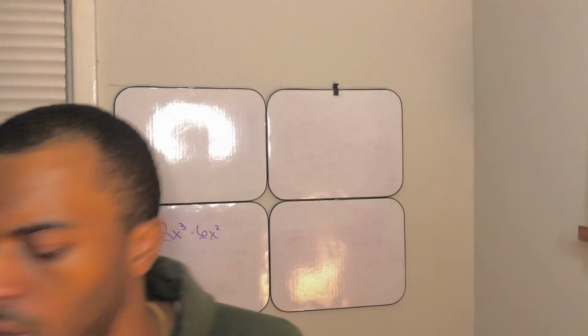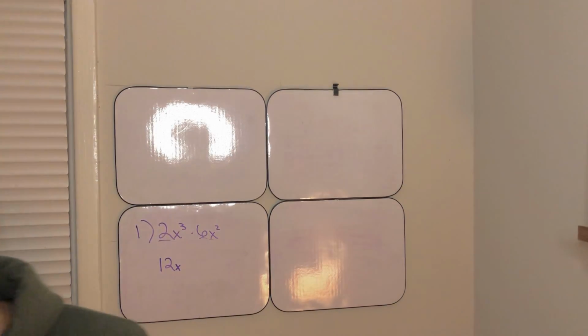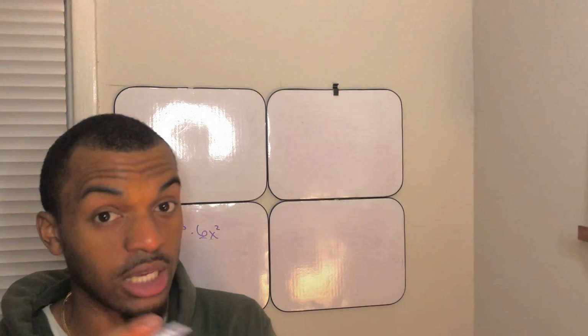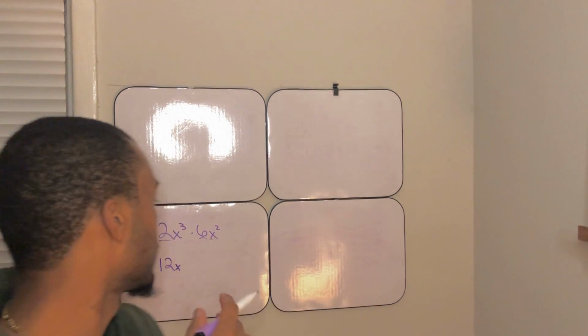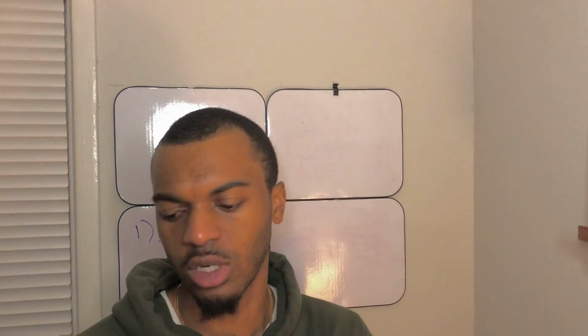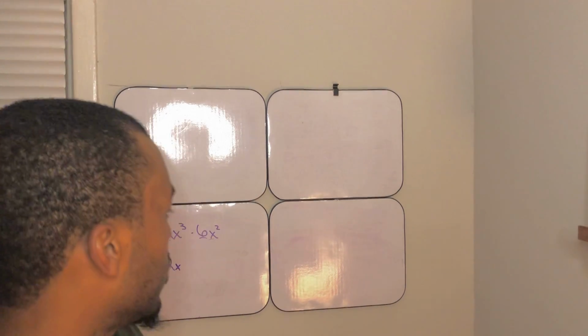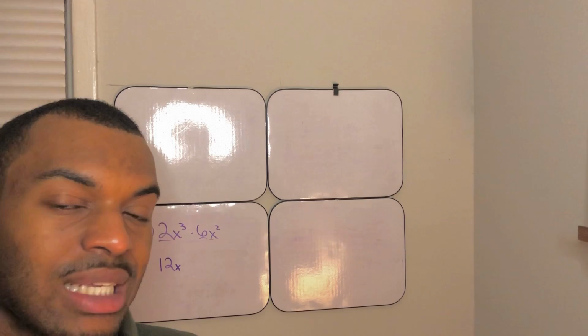When you're multiplying monomials, you want to keep in mind the rule for multiplying exponents. There might be a video on how to multiply exponents on the channel, I've got to check. But when you're multiplying exponents, you just add the exponents together as long as they have the same letter.